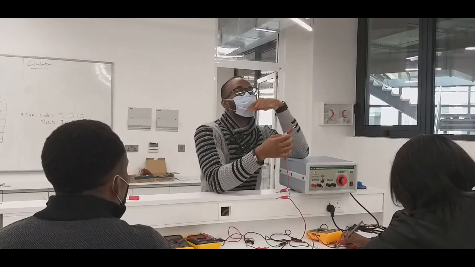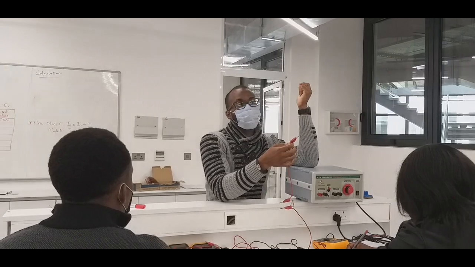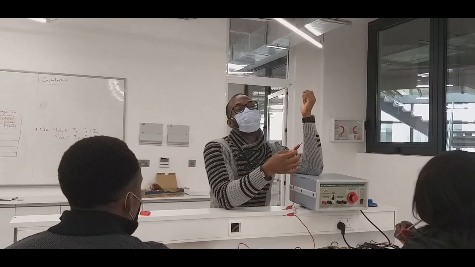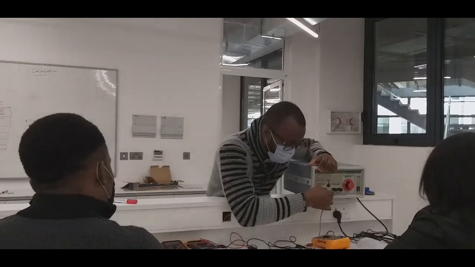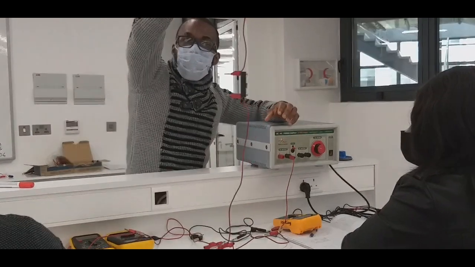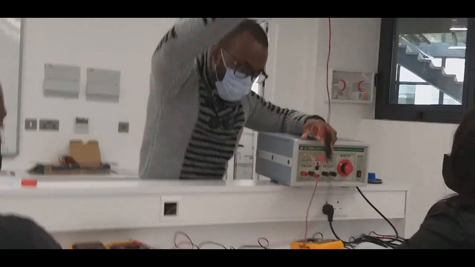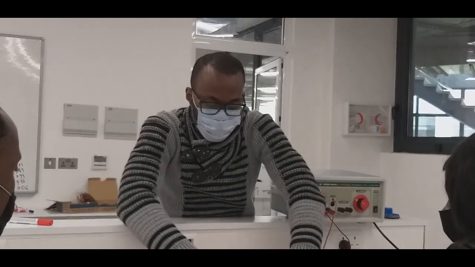Is it the positive or negative? Oh, the positive. Check. Look very well. The negative. Thank you. Negative. The other end of R1 is connected where? Positive. Very good. And this is your complete circuit diagram.